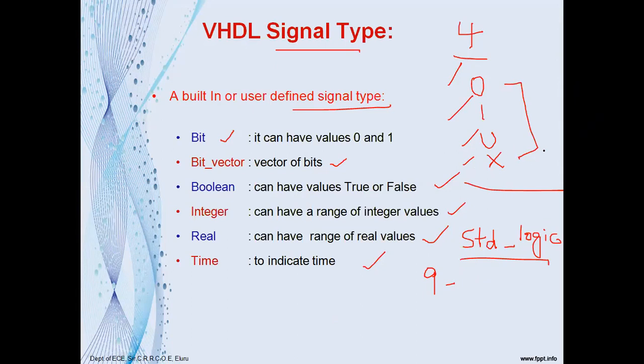X, uninitialized and unknown value, don't care condition. But if you use this standard logic, std_logic, it is a package. If you use this standard logic package, then VHDL allows the user to use the 9 signal types here.